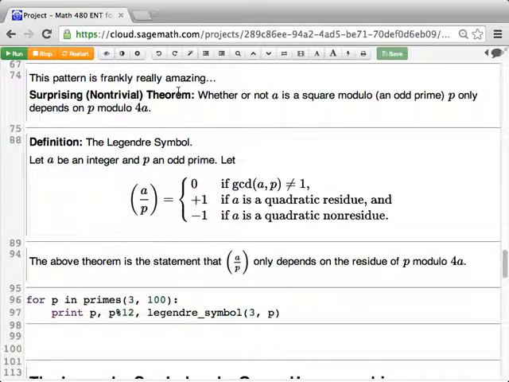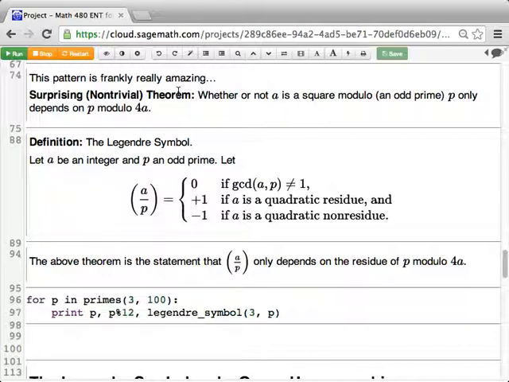So here is a surprising and non-trivial theorem. Whether or not a number a is a square modulo p, where let's assume p is an odd prime, this whole problem is very easy when p is an even prime, namely 2, only depends on what p is modulo 4a.